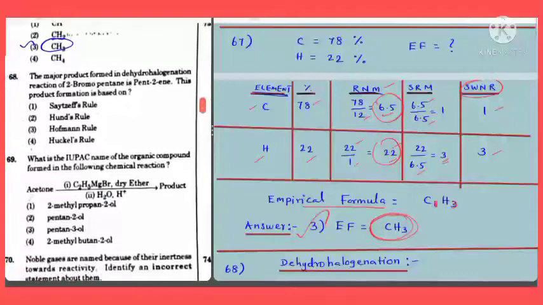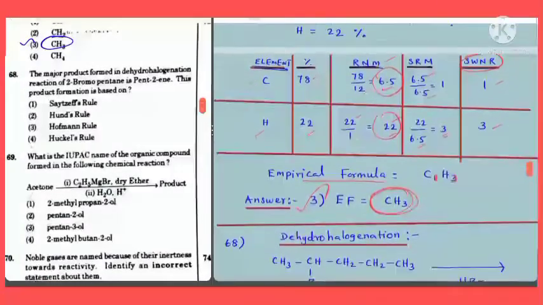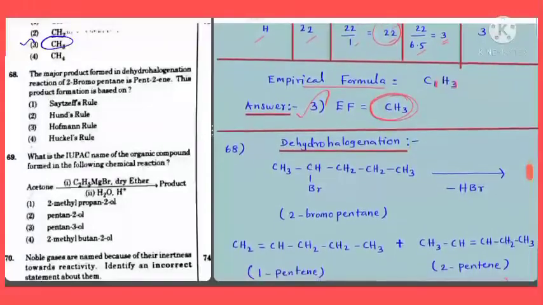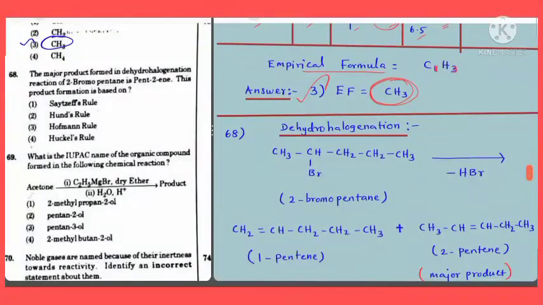Okay, right. So now question number 68. What is the major product formed by the dehydrohalogenation of 2-bromopentane? 2-bromopentane undergoes dehydrohalogenation, with removal of hydrogen and halogen. The major product formed is pent-2-ene.